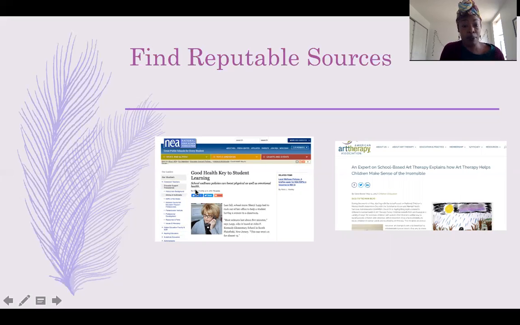So I have an example here of the National Education Association, and this is just an article that says good health is key to student learning, right? So I might use statistics and facts from that article to support my argument about wellness and students needing that in the classroom. And then I have one from the Art Therapy Association, right?